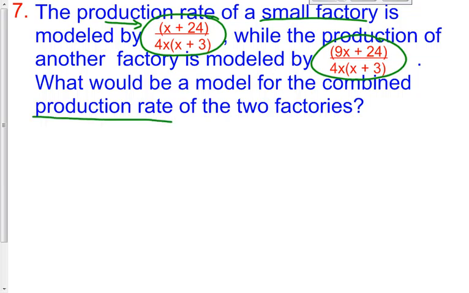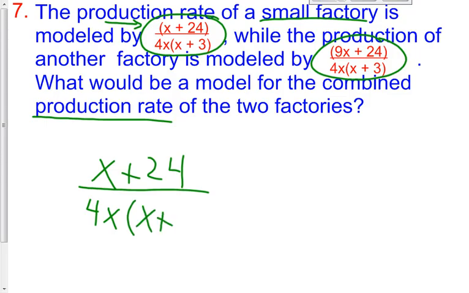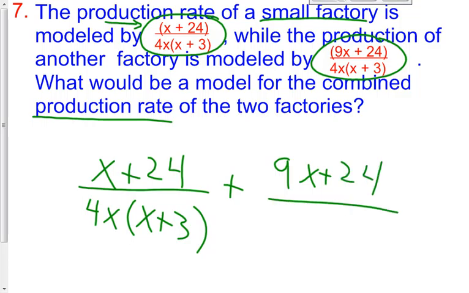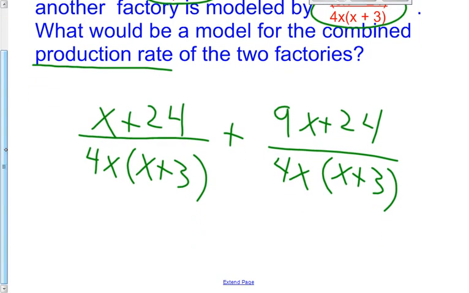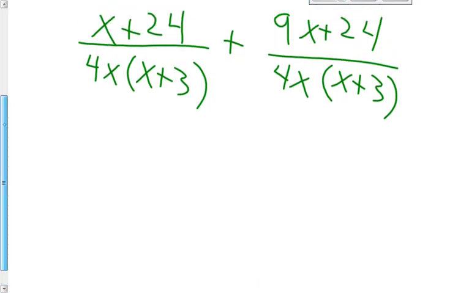Well, combine means add. So what is x plus 24 over 4x times the quantity x plus 3 plus 9x plus 24 over 4x times the quantity x plus 3. Well, if you were to add these two up, you're basically adding two fractions. In order to add fractions together, what do you need?